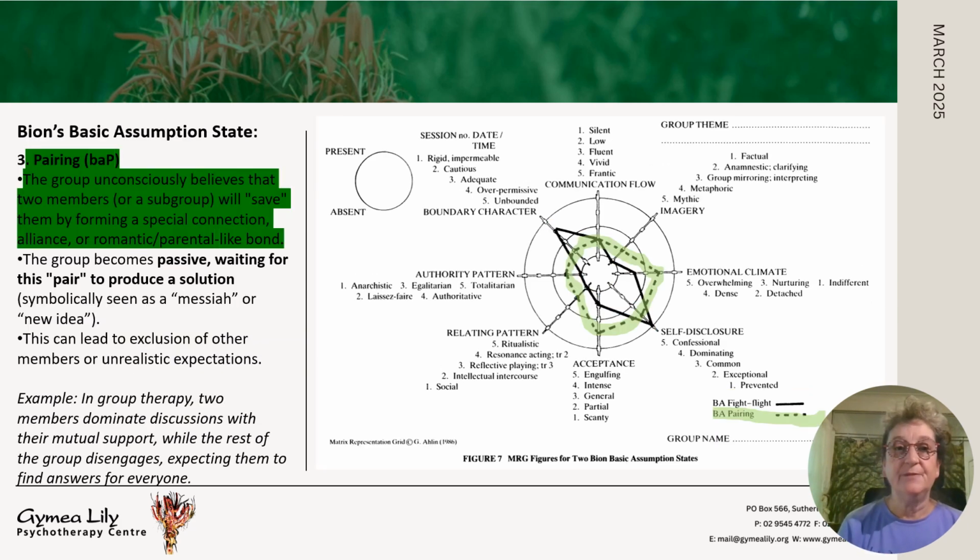So then the last one, pairing, I've now tried to highlight in this green. Bion's basic assumption called pairing, BAP. Here the group unconsciously believes that two members or a subgroup will save them by forming a special connection or alliance, or romantic connection or parental-like bond.